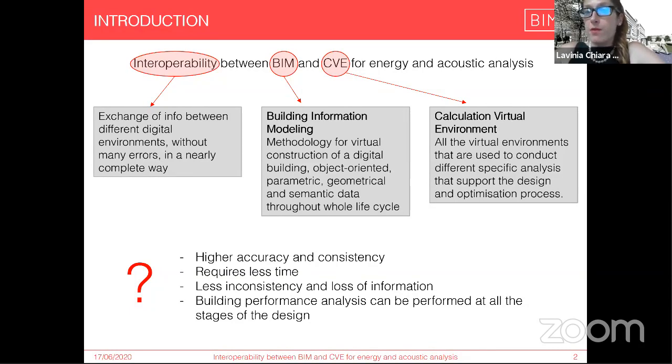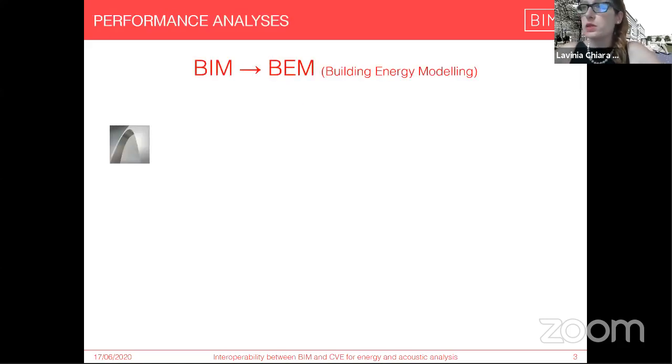And we can have a building performance analysis at the first stages of the design, where it's easier to implement choices that could improve the performance, energy-related and acoustic, over the whole life cycle and at a reduced cost.